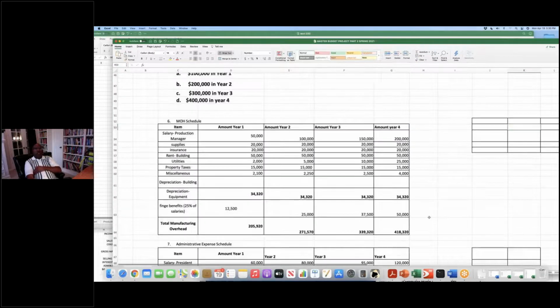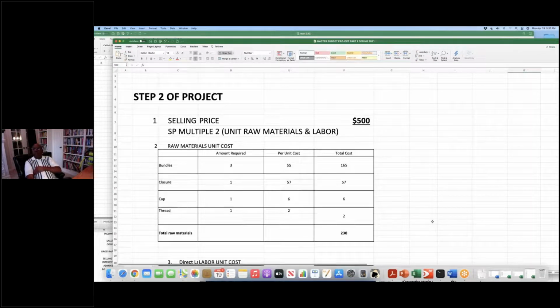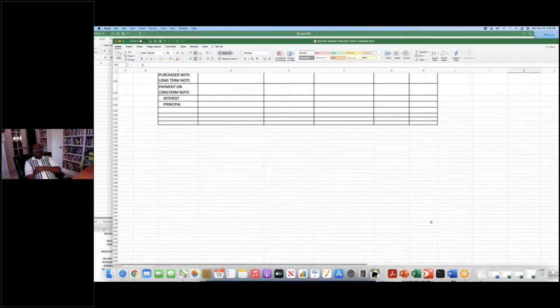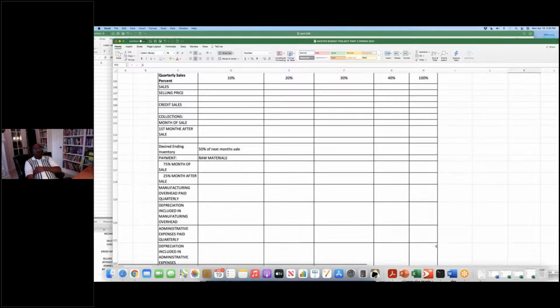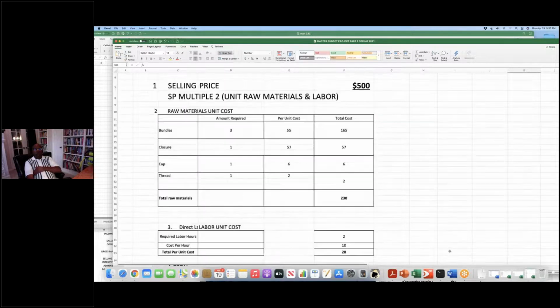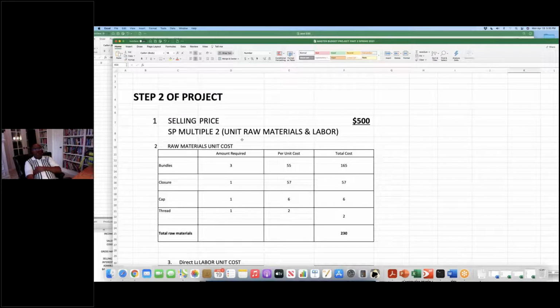So Wednesday before class, each team is supposed to complete this and have it ready. What time did I tell you all to have this on Wednesday? You said 3 o'clock before class. Try to have this at least by 3 so I can look at it.